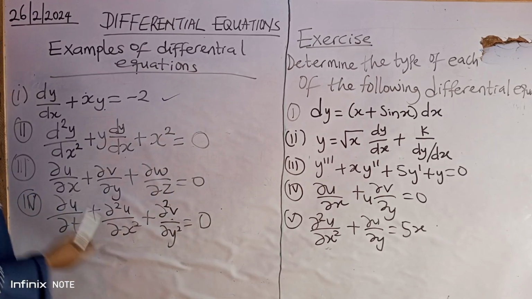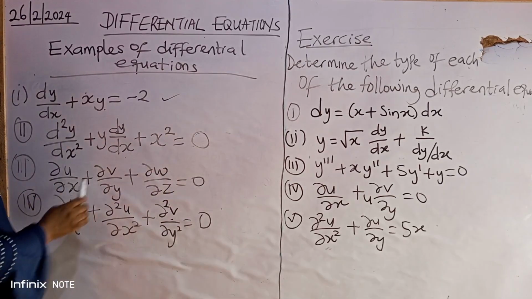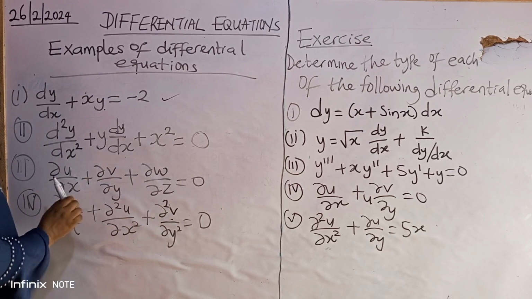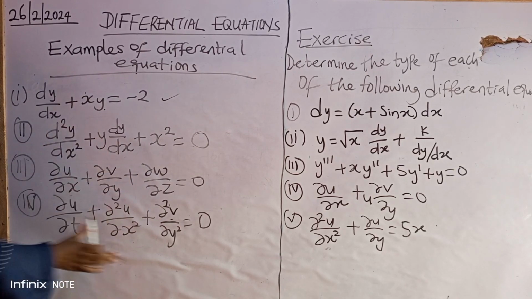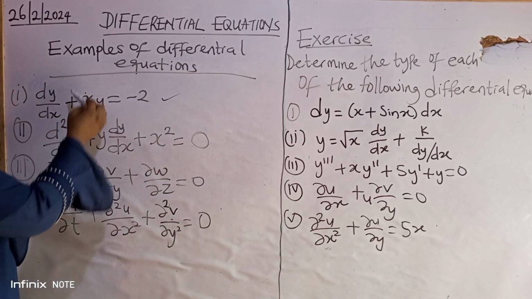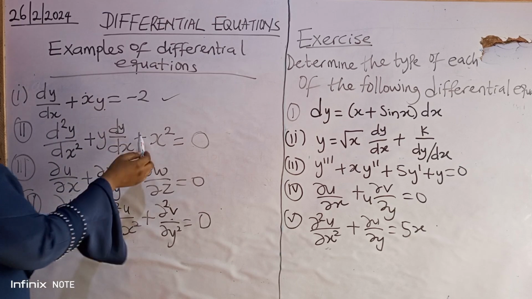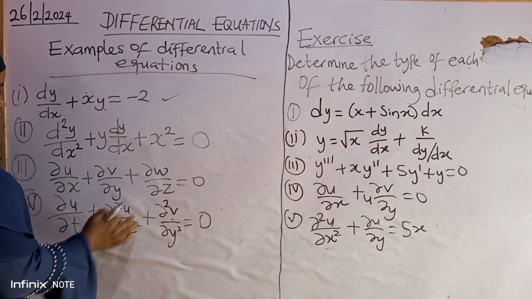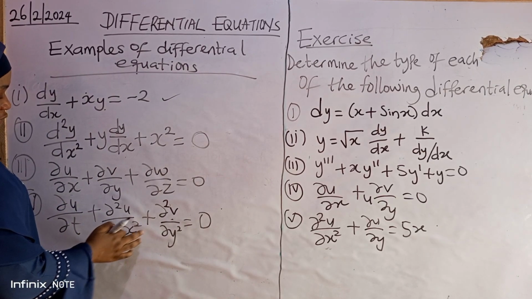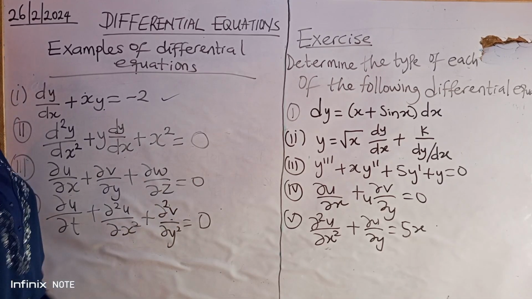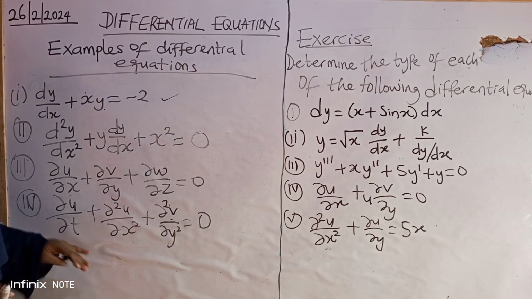So it's also a differential equation. Then ∂u/∂x plus ∂v/∂y plus ∂w/∂v is also a differential equation, but this one is a partial differential equation. Numbers 1 and 2 are ordinary differential equations. Then number 4, ∂u/∂t plus ∂²u/∂x³ plus ∂²v/∂y², is also a partial differential equation.